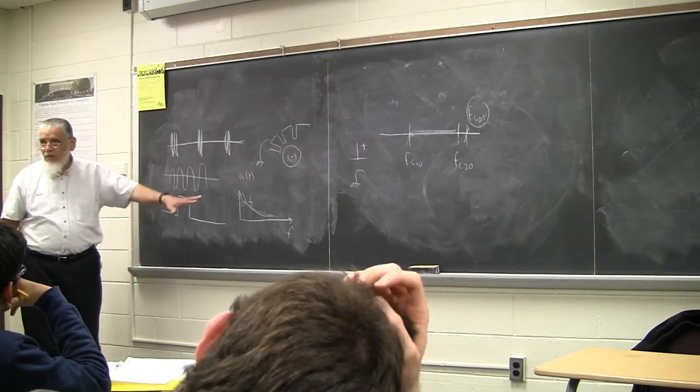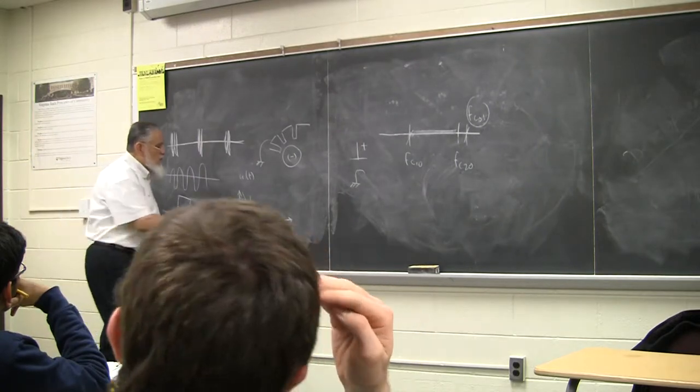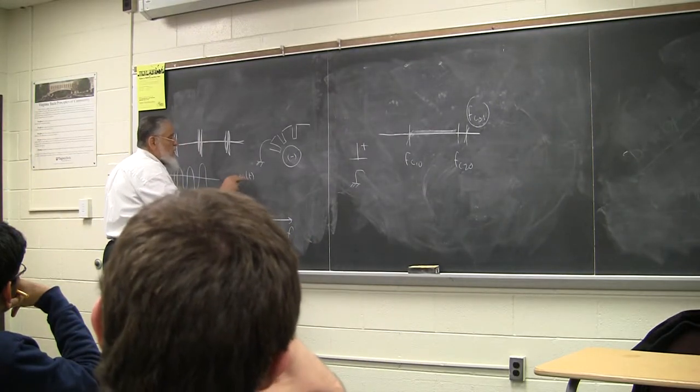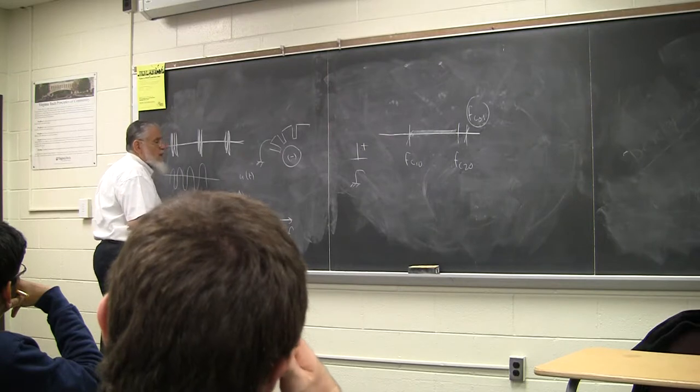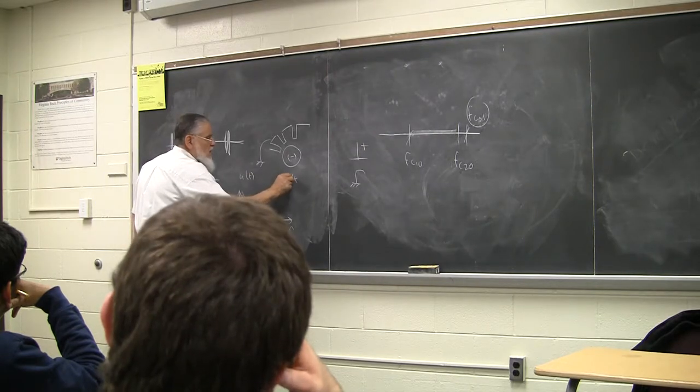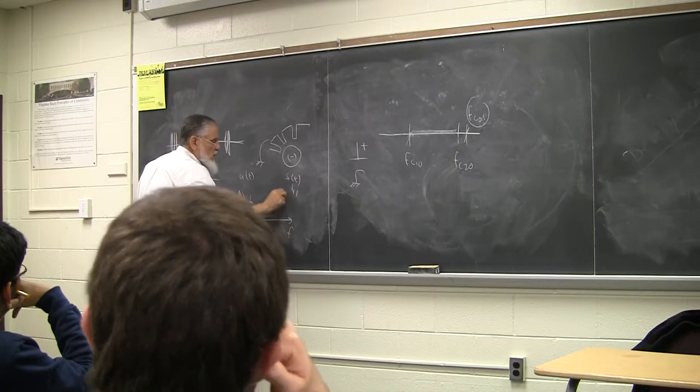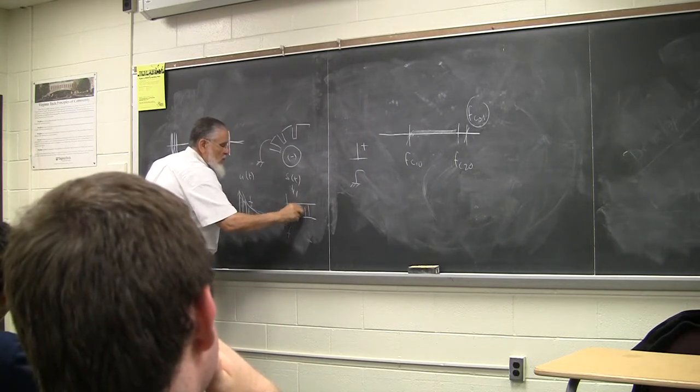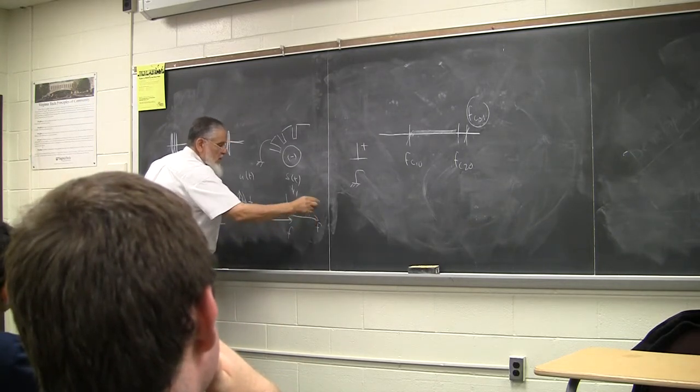So it's a 1 over f kind of frequency spectrum. That's what you get if you have a U of t. If you have a delta of t, the frequency spectrum of that is 1, and that goes uniform all over the frequency, all the way to infinity.